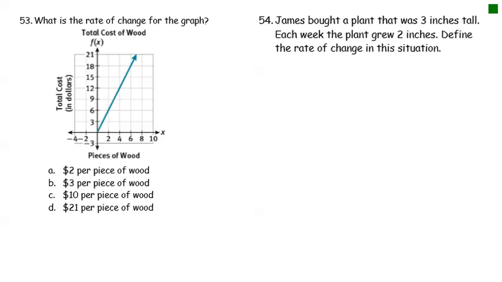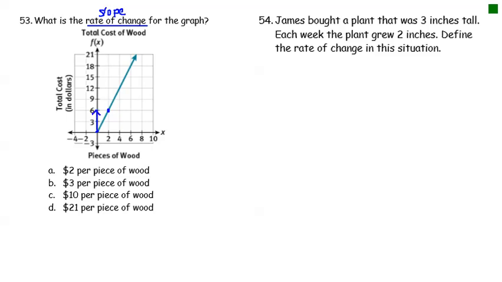All right, number 53. What is the rate of change for the graph? Well, understand that rate of change means the same thing as slope. So all we're doing is looking for the slope of this graph. Remember, slope is rise over run. So I'm going to take those 2 points, and I see that we rise 6.